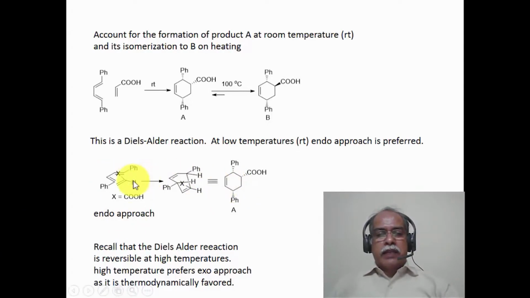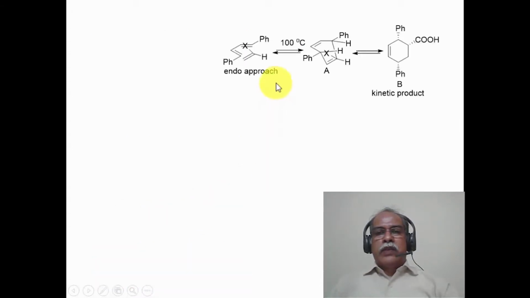The endo approach is kinetically favored because the transition state is stabilized by secondary orbital interaction, so it has a lower activation barrier, whereas the exo approach, with the X functional group pointing outward of the pi system, is thermodynamically more stable because it is a less sterically hindered approach of the diene and the dienophile. So initially at room temperature, for example, the endo approach takes place and the endo product is what is formed in this case.